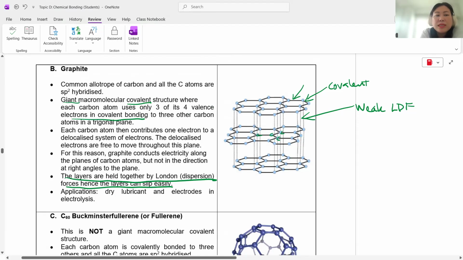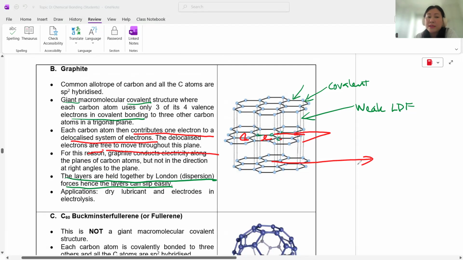And so what happens to the last electron then? The last electron will be contributed into the delocalized system of electron cloud. So you put it in a delocalized system of electron cloud, which will be able to move across this giant plane. So these electrons will be able to move across this whole entire giant plane to conduct electrical energy. So graphite will therefore be an electrical conductor in the solid state in the parallel arrangement.